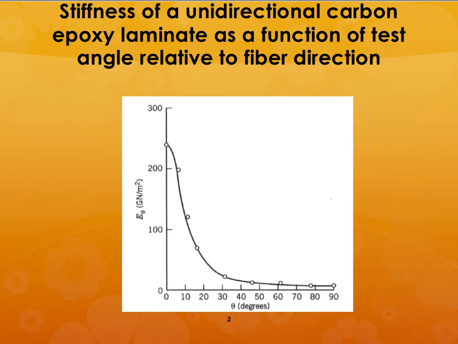But when you start changing the angle of the fibers, you get the maximum value for the composite when the fibers are in the 0 direction. As soon as you start changing the angle, you get almost close to the properties of the matrix, so the fibers will probably not contribute much at all.